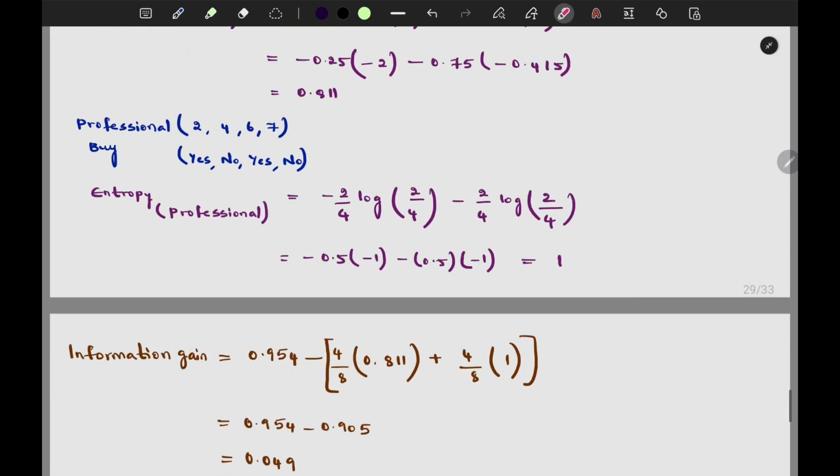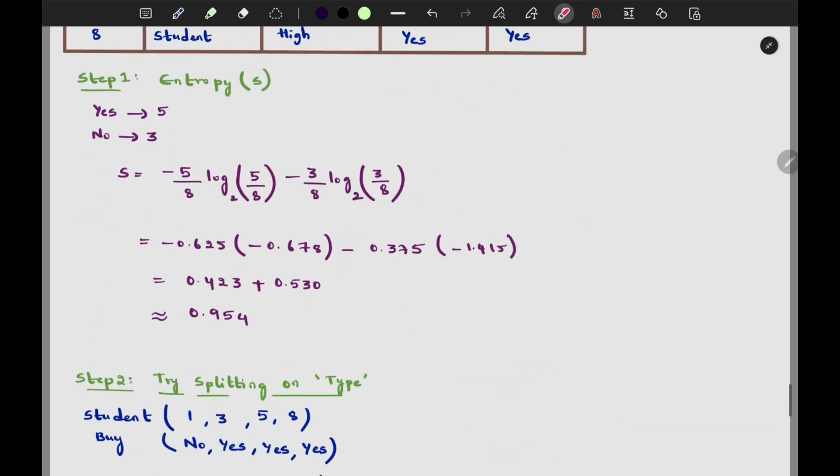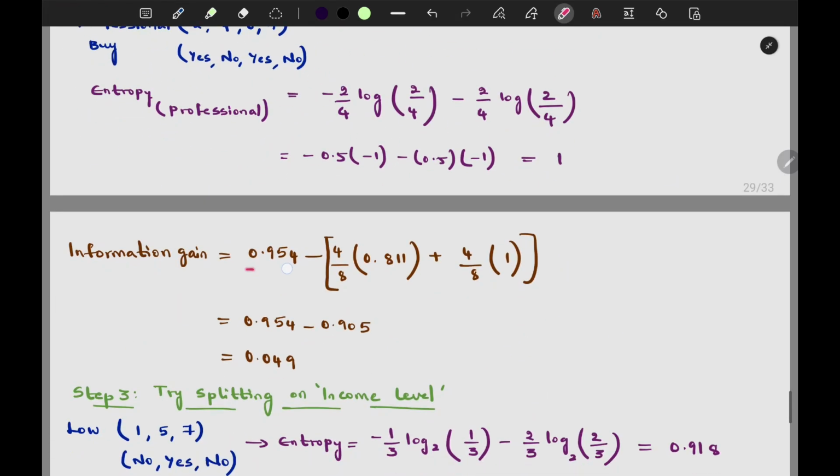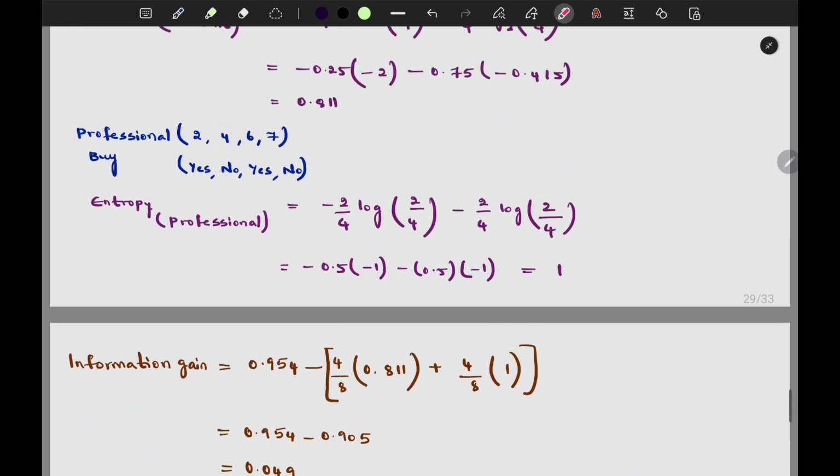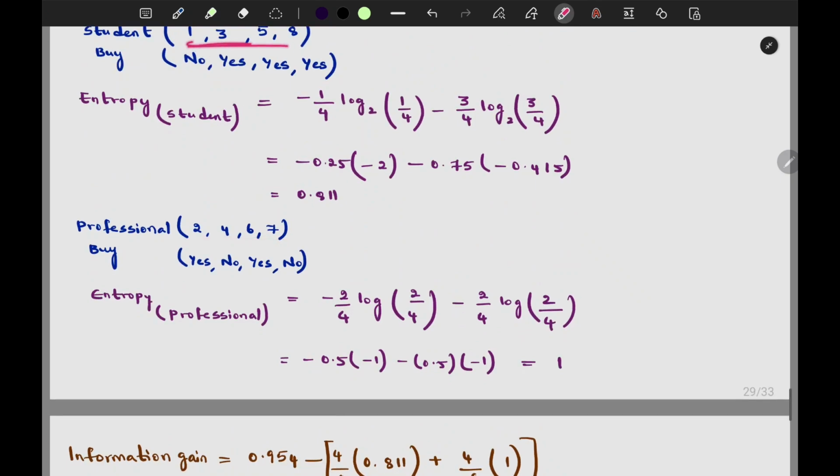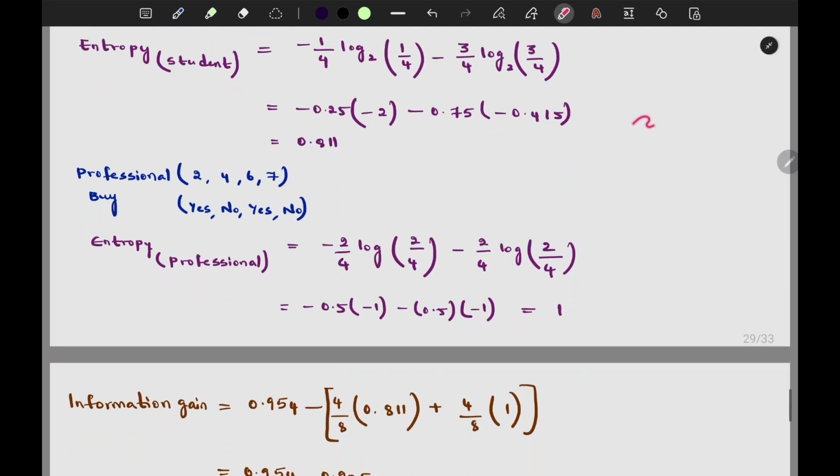Okay, so after that we need to calculate the information gain for this particular feature. If you see the formula of information gain, the first term will be the overall entropy, which is 0.954. So 0.954 minus, now we need to understand how many professionals are there and how many students are there. If you see here, I'm having 4 students as well as 4 professionals. But you need to understand this.